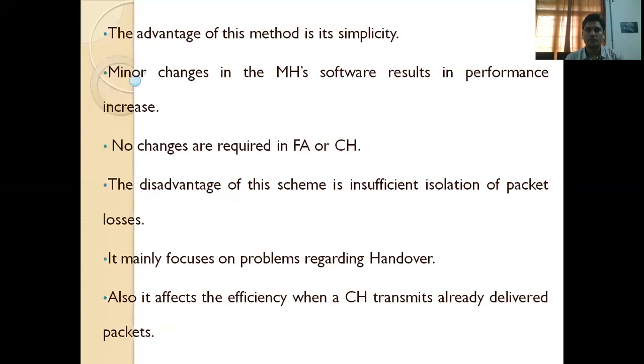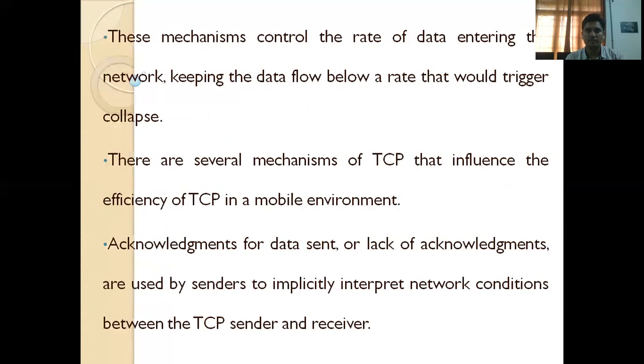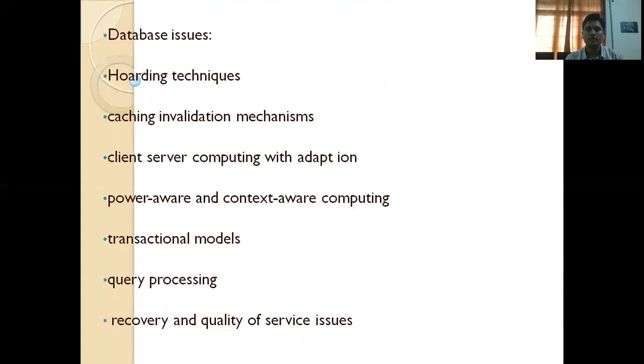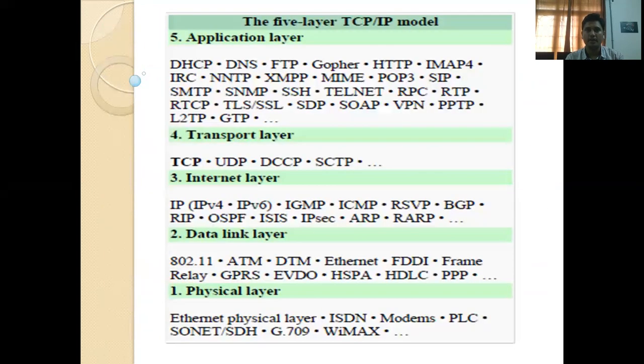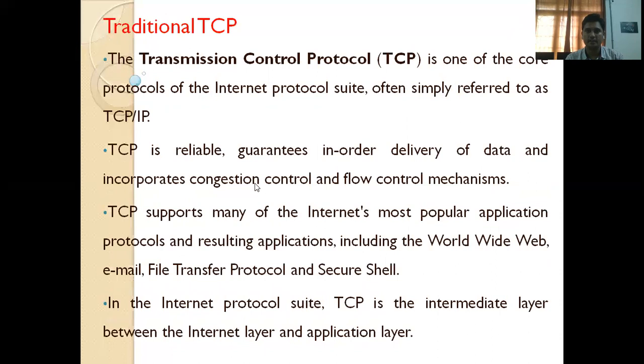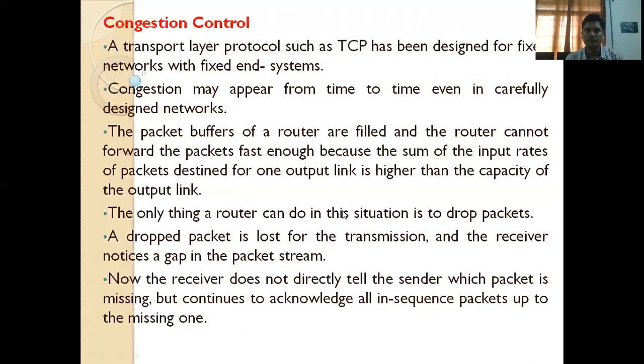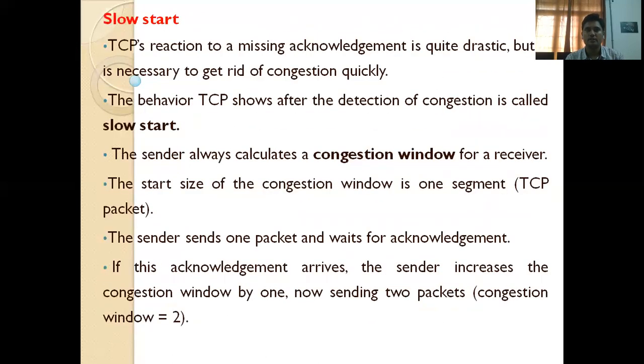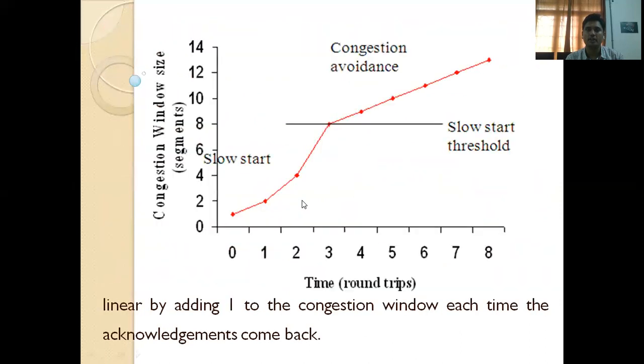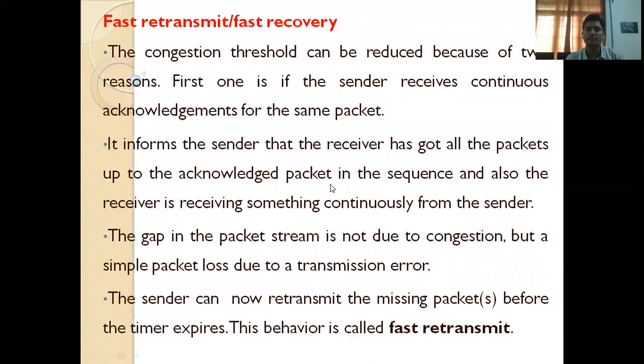Okay, let us recall what we covered in this session. Traditional TCP. Traditional TCP architecture is a 5-layer model. What is congestion control? The congestion window, and if packets are lost, how we have to retransmit the packets by using slow start or fast recovery and retransmission.